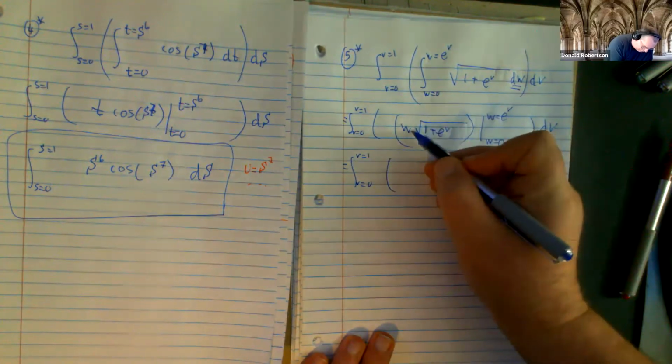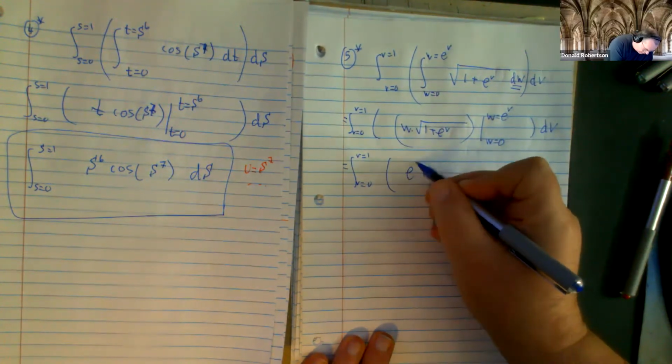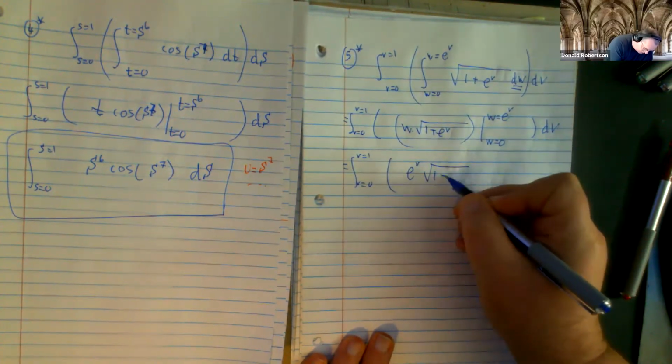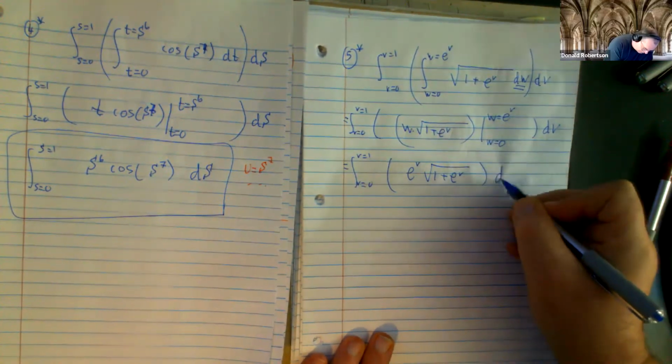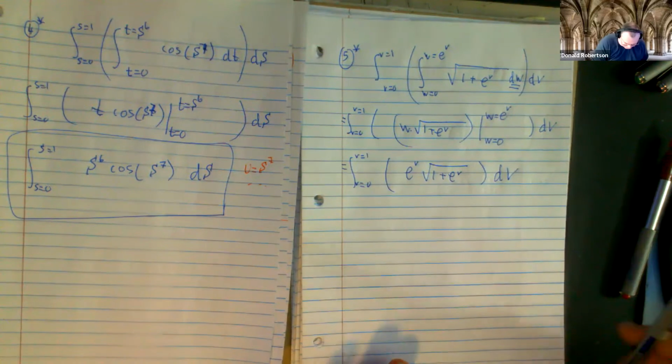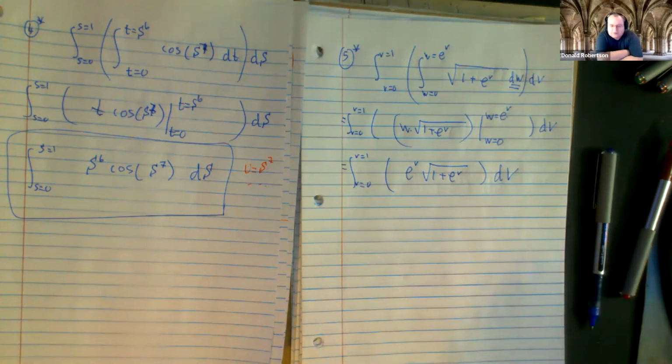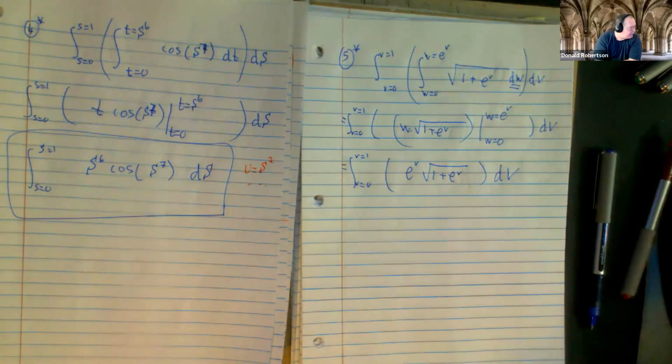If you replace that w with e to the v, you get e to the v, the ugly square root. Take away a whole load of nothings again. And we have that guy to integrate.